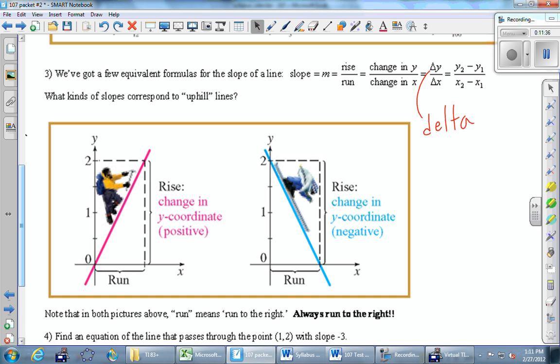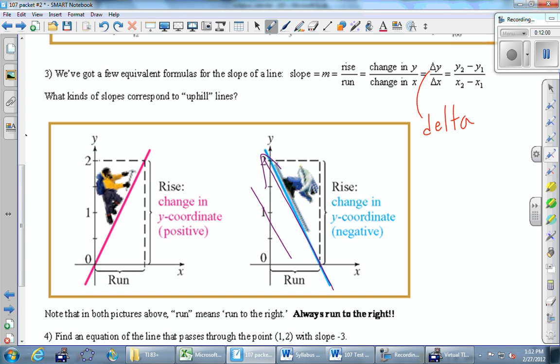And so what kind of slope do you get over there? You get a negative slope. So uphill lines mean you are rising and you have a positive slope, and downhill lines mean you are falling. But whether you say you are going uphill or downhill depends an awful lot on which way you're headed. Could I not think of this guy as being an uphill line if I were walking that way?